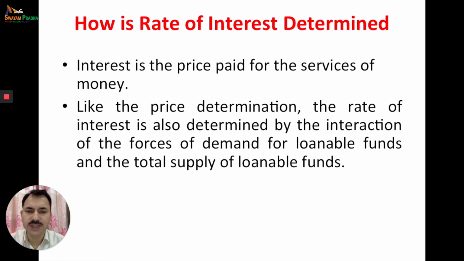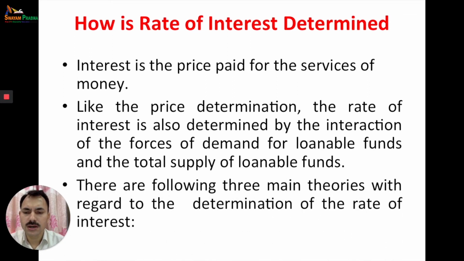The point where demand for and supply of the commodity meet is the equilibrium point, or the point of determination of the price of the commodity. In the same way, the point where demand for loanable funds is equal to the supply of loanable funds may be the point of determination of the rate of interest, but this is given by the new classical theory.